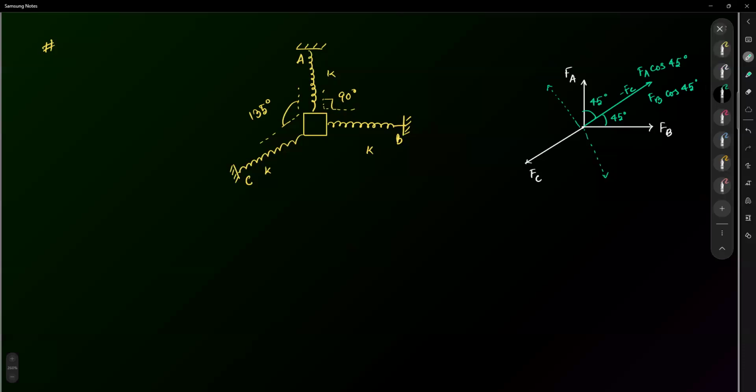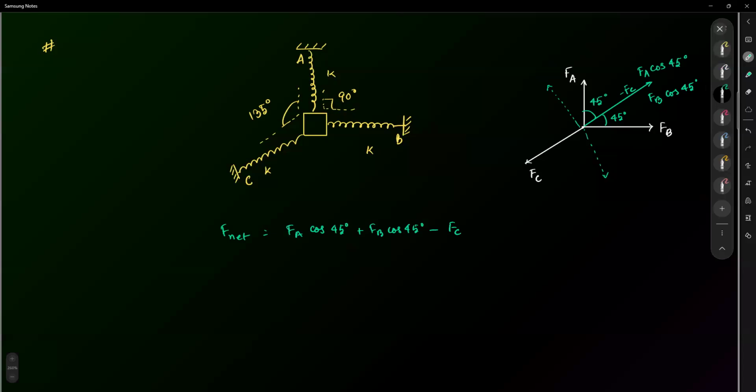So that means net force will be equal to FA cos 45 plus FB cos 45 minus FC, right?